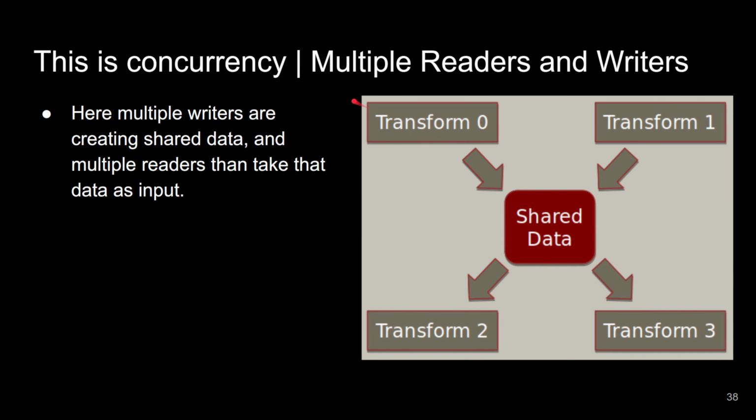Then you can also have multiple readers and writers, which takes a little bit more coordination. Again, the idea is you just have some shared piece of data in the middle that you're trying to access. So maybe you're trying to read from that data and then write some new information out. You can think of this like if you've ever booked a flight for travel.